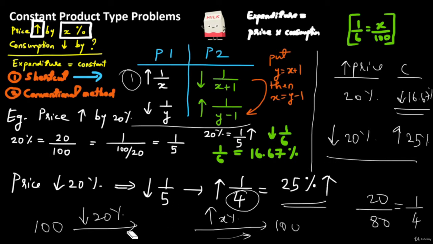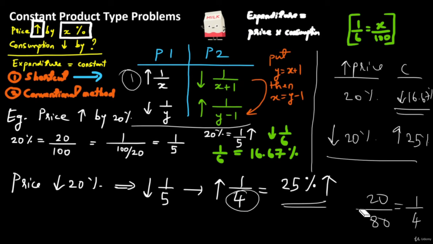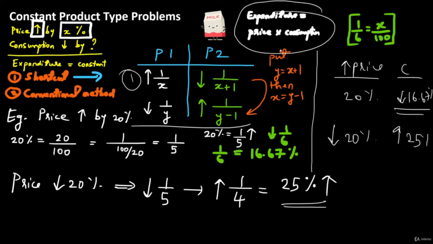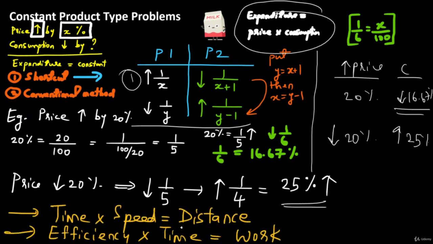All right, now we have seen this in the case of consumption type of problems where the constant product was the expenditure, right? Over here we have expenditure is equal to price into consumption. Now this same method can be used also in different types of problems. For example, there could be a case where time into speed is constant and time into speed is distance, or efficiency into time, which is equal to work, that's constant, right?